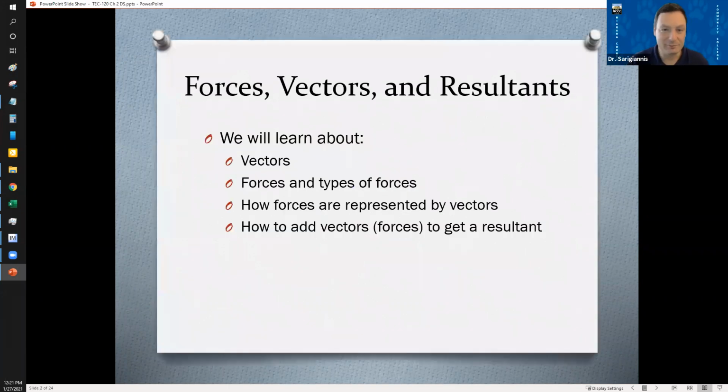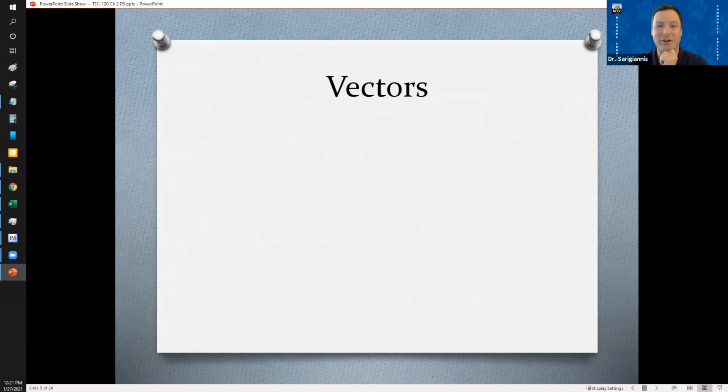So we're going to start off with vectors. We're going to talk about forces. Then we're going to talk about how you can use vectors to represent forces. And then after that, how do you add forces or vectors together to get the result?